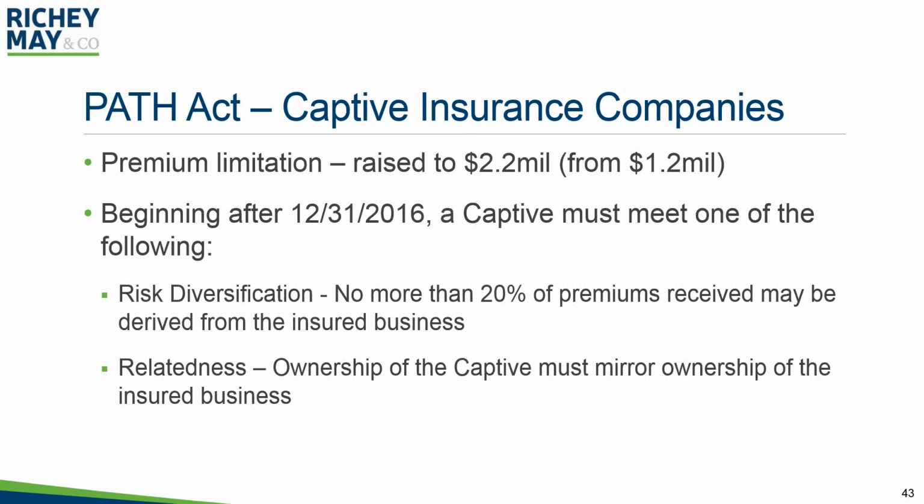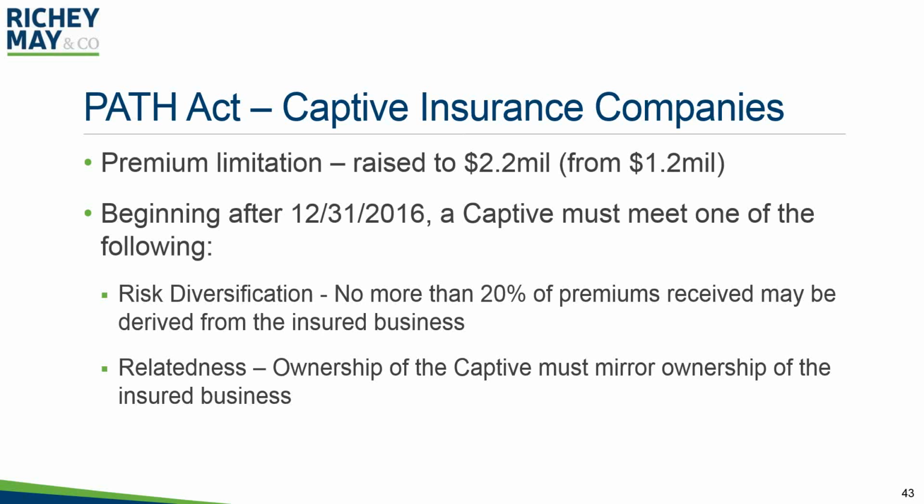No more than 20% of premiums received by the captive may be derived from the insured business. So now you have a lot more spread between a huge captive insurance pool. You can't just insure your own business. Your captive is now insuring the risks of many other businesses participating in a similar format.